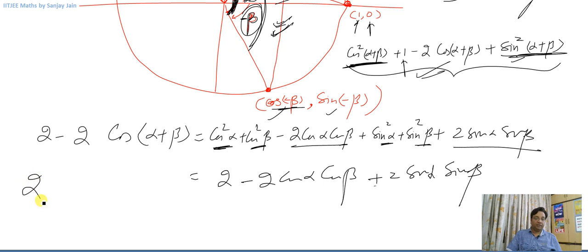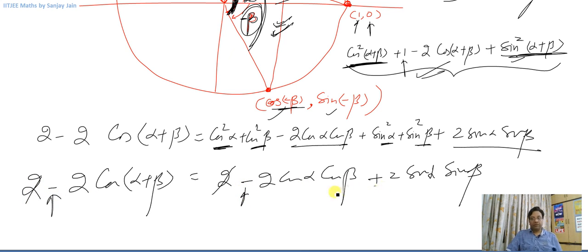And on the left hand side I had 2 minus 2 cos alpha plus beta. So you can cancel this 2, and minus signs will also be taken care of. No, because this you can cancel it, but then you'll have to change this also. So let us do it slowly. So we can cancel this 2 from all of these terms. Now I am multiplying both sides with minus 1, let us say.